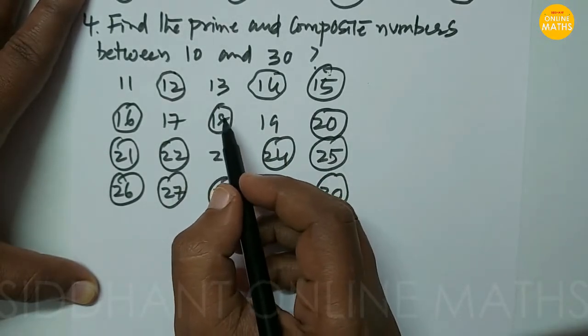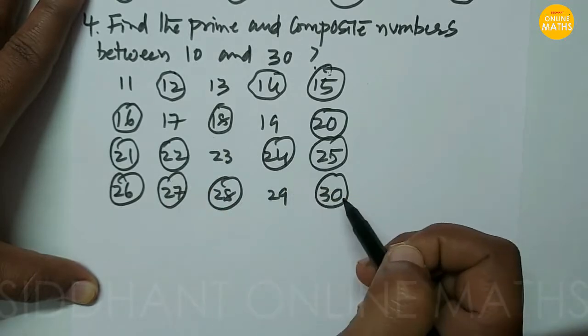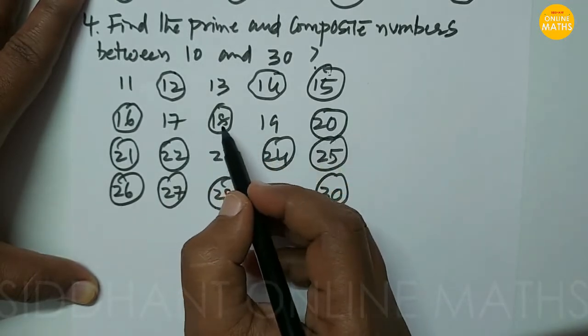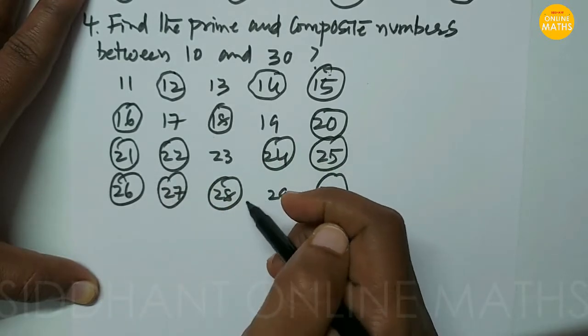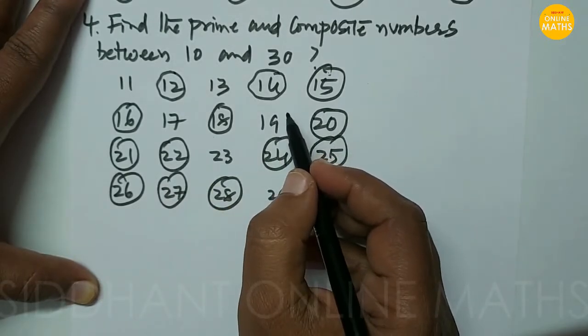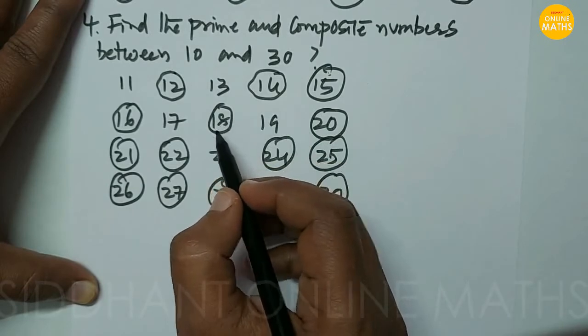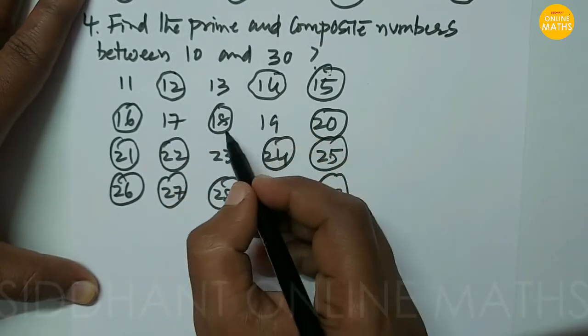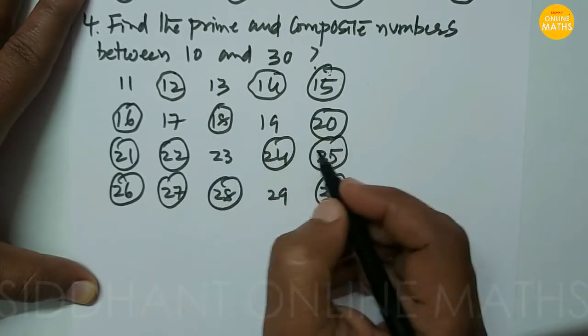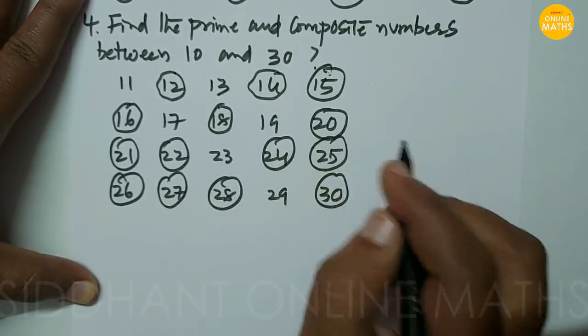Next 6 multiples: 12, 18, 24, 30. 7 multiples like 14, 21, 28. Next 8 multiples: 16, 24. Next 9 multiples: 18, 27. 10 multiples: 20, 30.